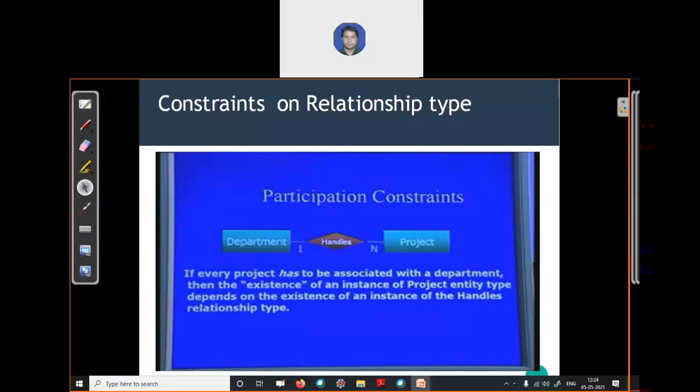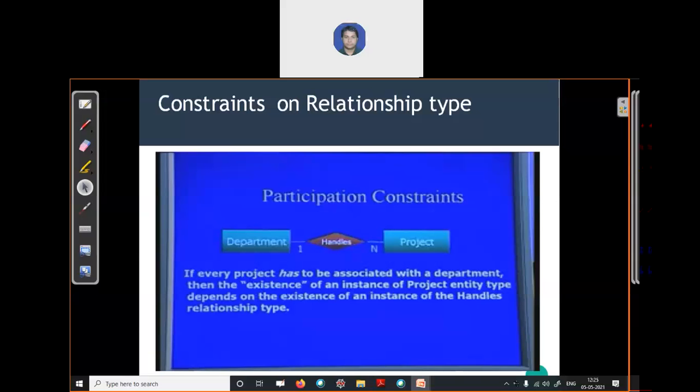Then we have discussed the participation constraints. Participation constraints means if entities are participating in a relationship, and an entity is participating in that relationship for its existence, meaning if the entity does not participate in that relationship, it does not exist. Like we have discussed, department handles project, and project is the type of entity which, if it does not participate in this relationship handles, it does not exist. Means if no department is handling any project, the project does not exist. Ultimately for the existence of project, it must participate.